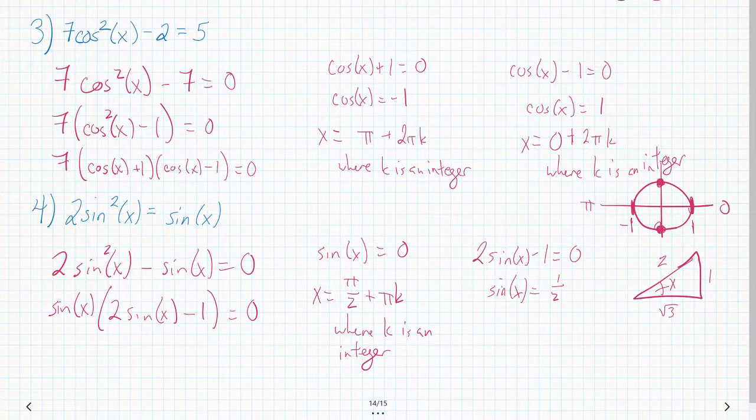Well, what is that? Well, we already talked about it as 30 degrees, or x equals pi over 6. So you have pi over 6. So x equals pi over 6 plus 2 pi k, where k is an integer.